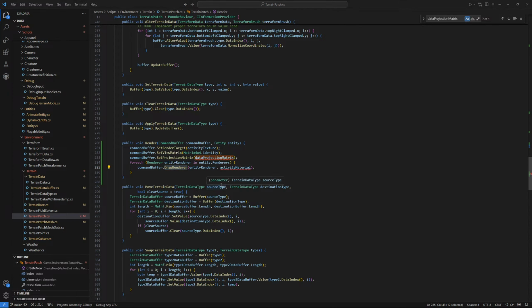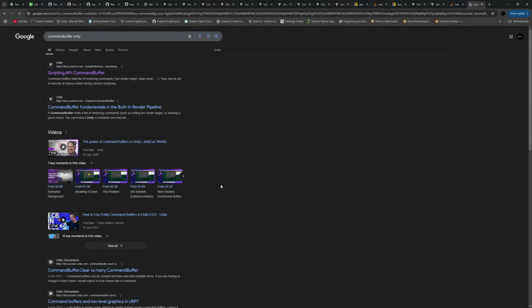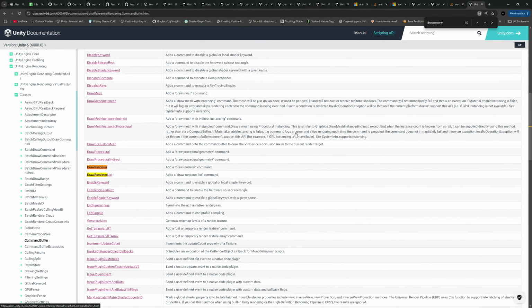One sec, draw renderer. Can we do command buffer Unity, draw renderer?